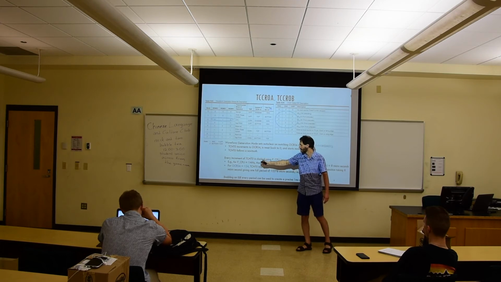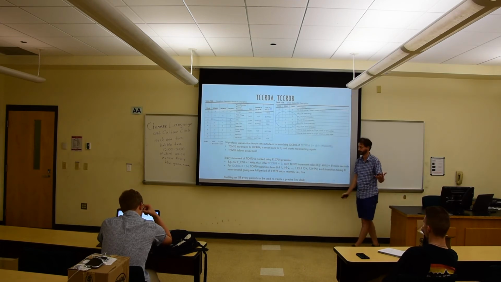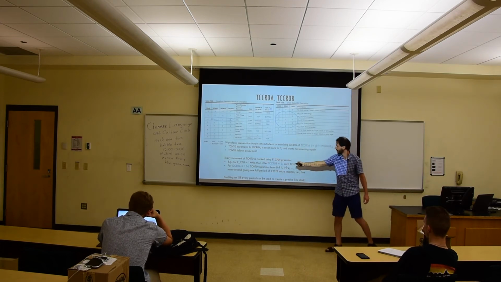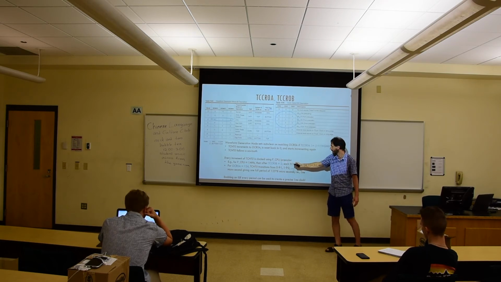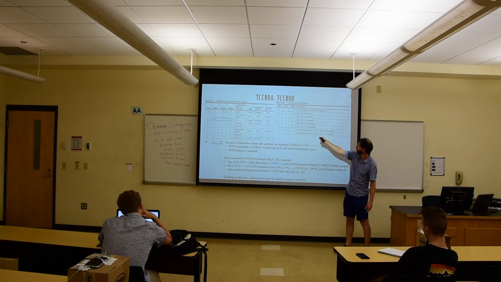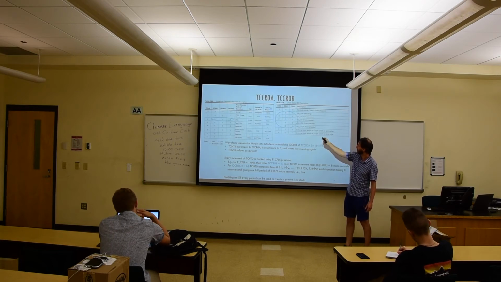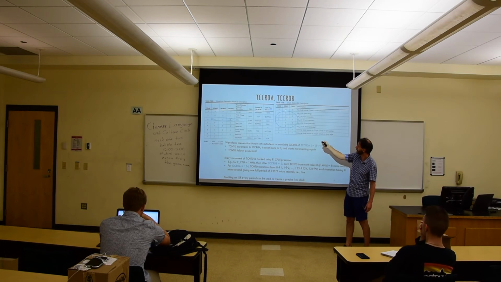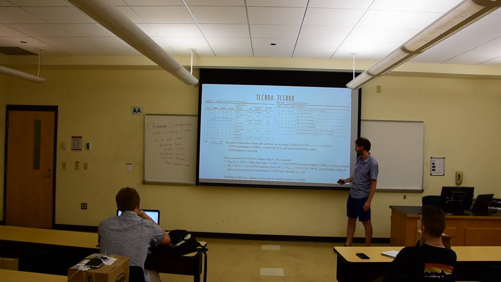Now every increment of TCNT0 is clocked using the FCPU, which is the clock speed of your CPU, divided by the prescaler that you can set by using those 3 positions in this register. Now, here you see what happens. For example, if I want to divide by 8, then I need to set CS01 to 1, that particular position in that register.